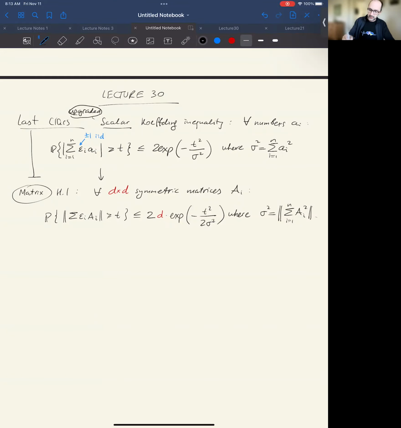It's an operator norm in both instances. This is the matrix Hoeffding's inequality. Good. Okay, that's what we achieved.